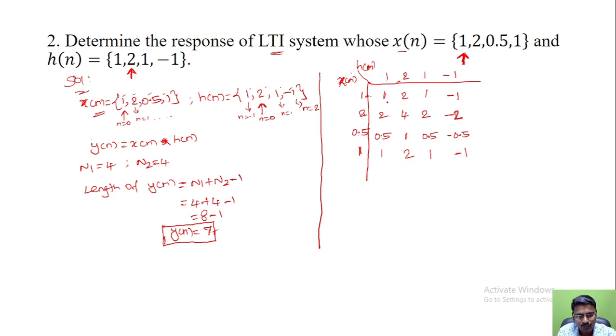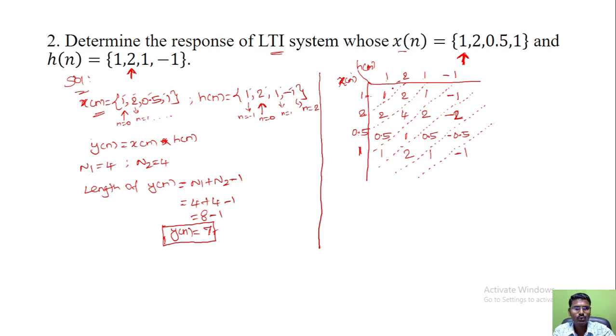Now I need to categorize the values into diagonal values, right? So this is my first diagonal and this is my second diagonal, this is my third diagonal, this is my fourth diagonal, and this is my fifth diagonal, and this is my sixth diagonal, right?